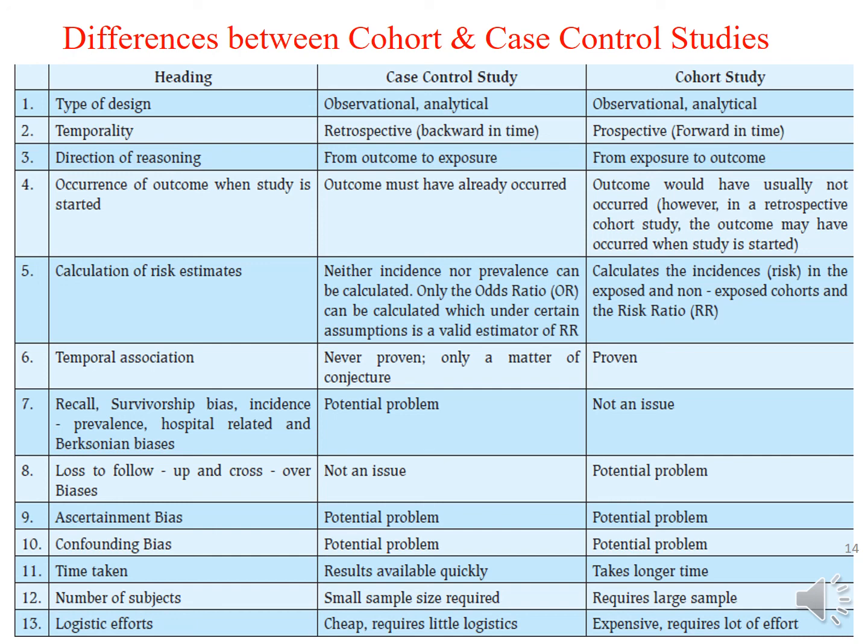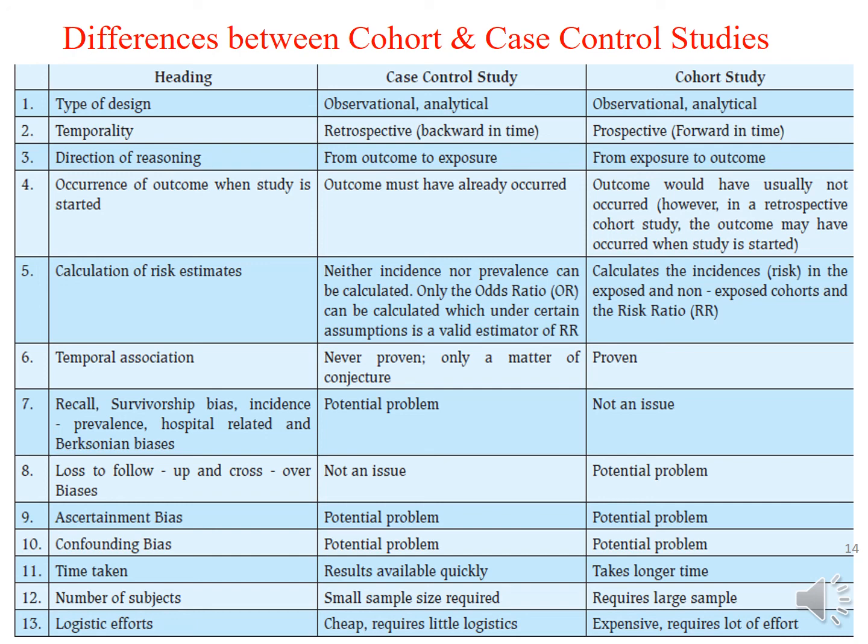Case control study is quick and less expensive, as a small sample size is required. Cohort is lengthy and expensive, as large sample size is required. These are the differences between the cohort and case control studies.